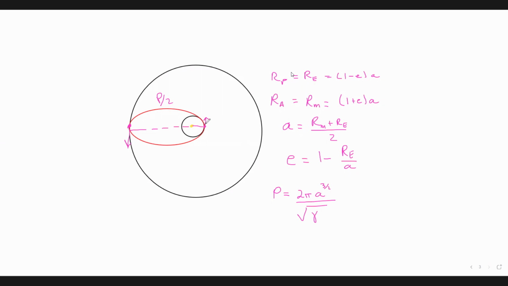Let's say the Earth is right here. Well, we need to fire our rocket right here such that Mars will be right here after p/2. So Mars has to be at a certain angle.